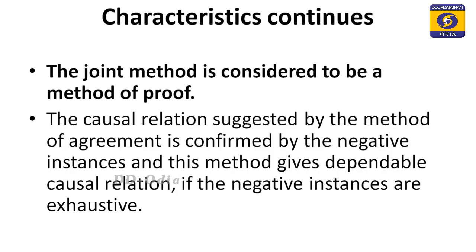So the joint method is considered to be a method of proof. The causal relation suggested by the method of agreement is confirmed by the negative instances, and this method gives a dependable causal relationship if the negative instances are exhaustive. Now, what are the advantages?